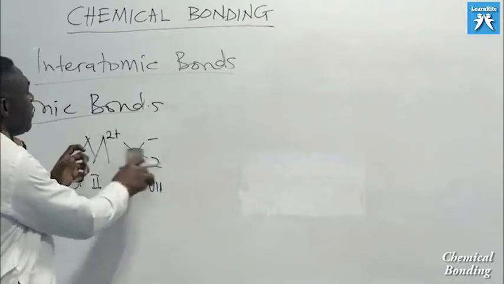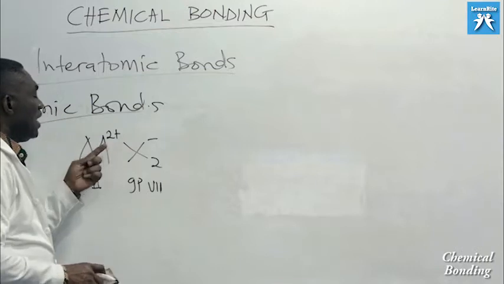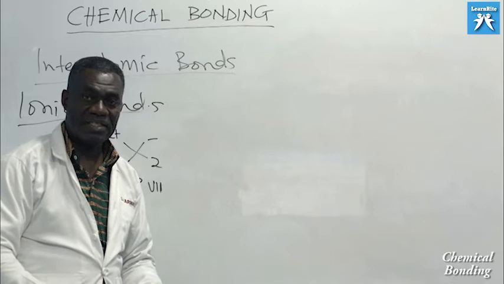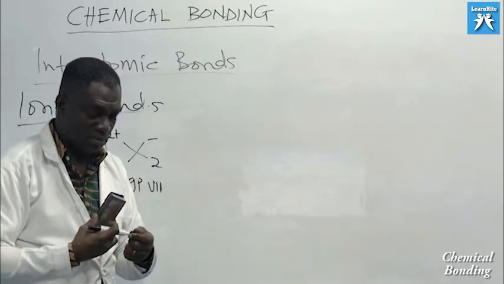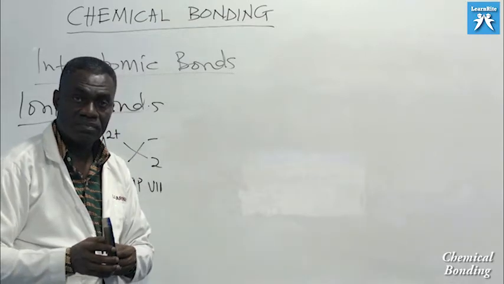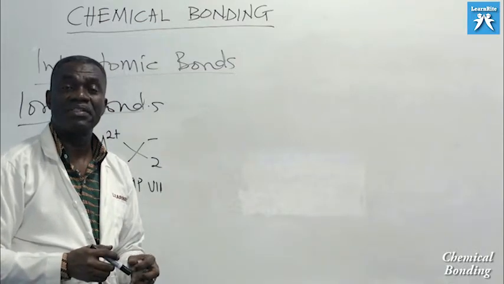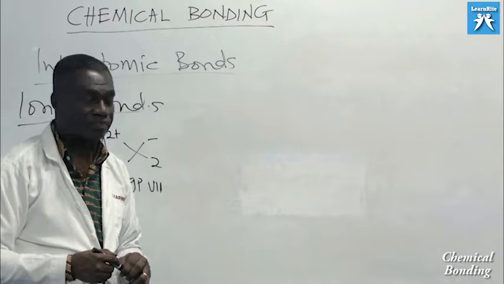So this formula I've written here is the formation of ionic compounds involving a group 2 metal and a group 7 non-metal. So you can see that ionic bonds are normally formed between the metals and the non-metals.